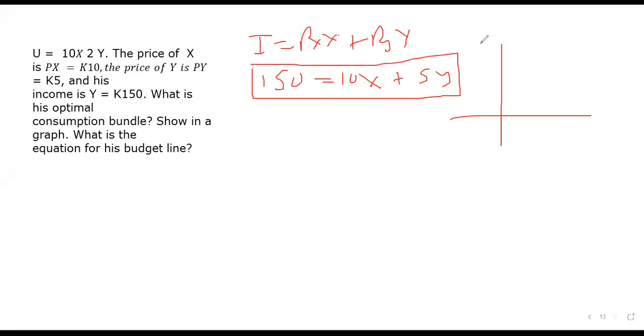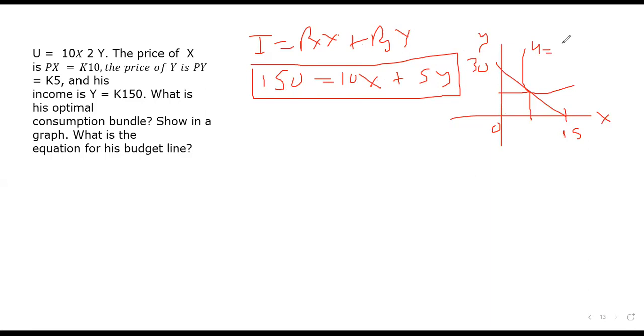It will cut the y-axis at what? 5 into 150, which is what? 30. The x-axis: 10 into 150, which is what? 15. Are we together so far? Yes.